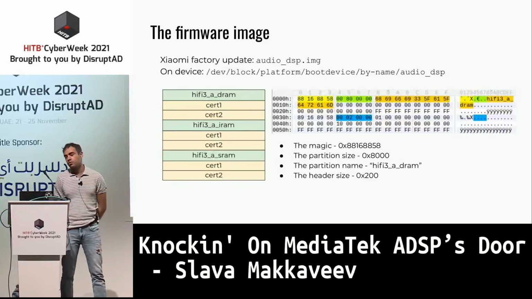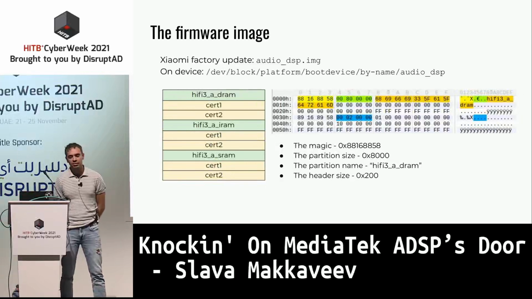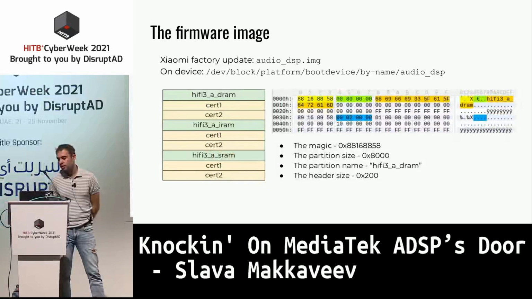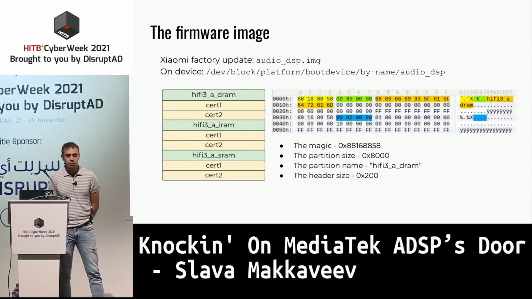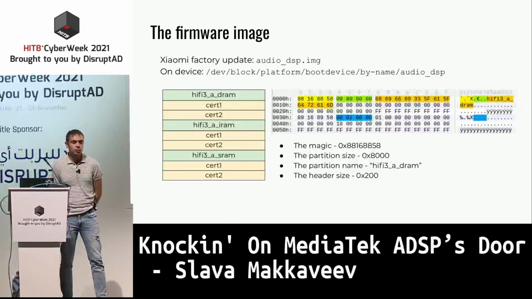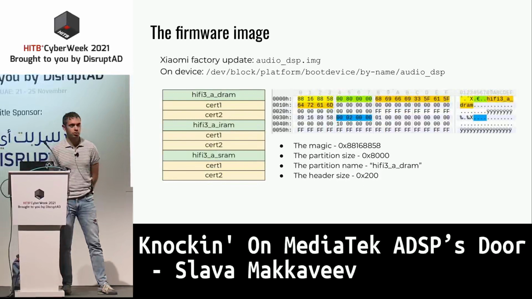For example, on the slide, you can see that the header and the data size of the HiFi 3 IRAM partition are 200 and 8,000 bytes respectively. So I just want to say that we have all the information that we need to cut the audio DSP content from the image.